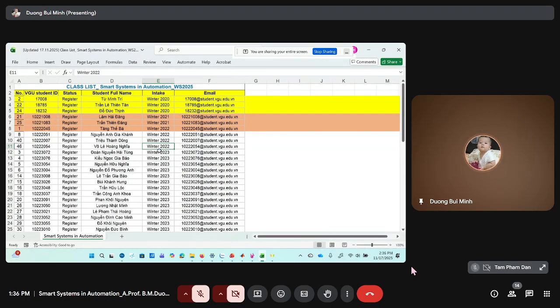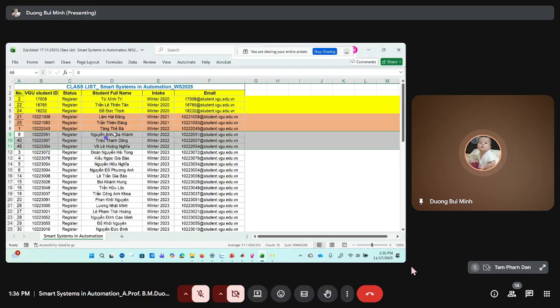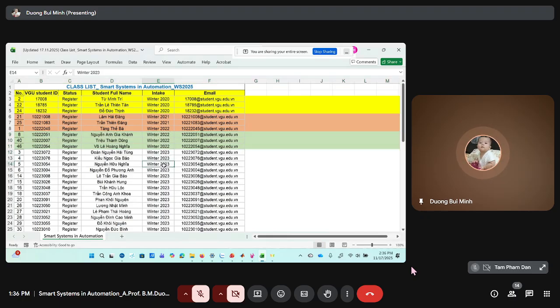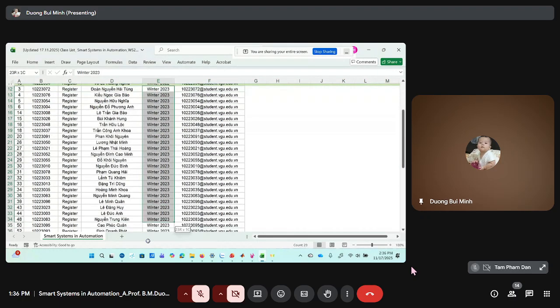Then you need to inform me of your roommate next week. Remember the maximum is 3, but maybe 2, maybe you work alone. It's up to you. Here we have some students from ECE 2021, 2022, and we have 2023. How many students?